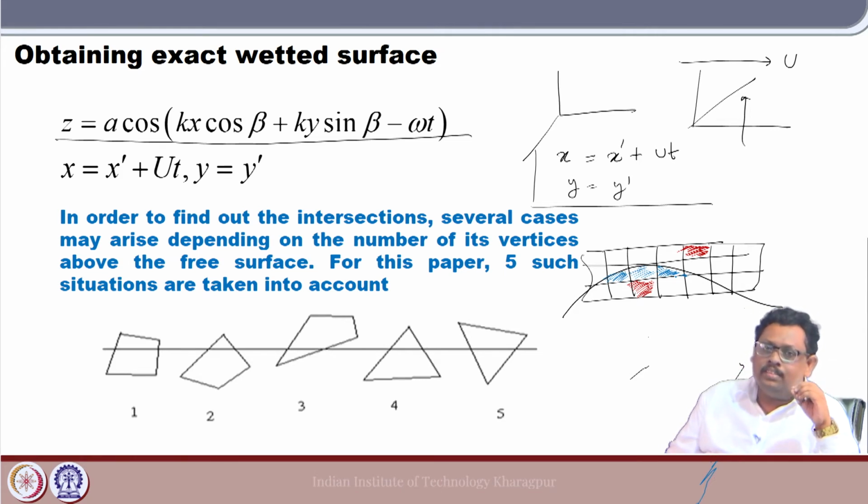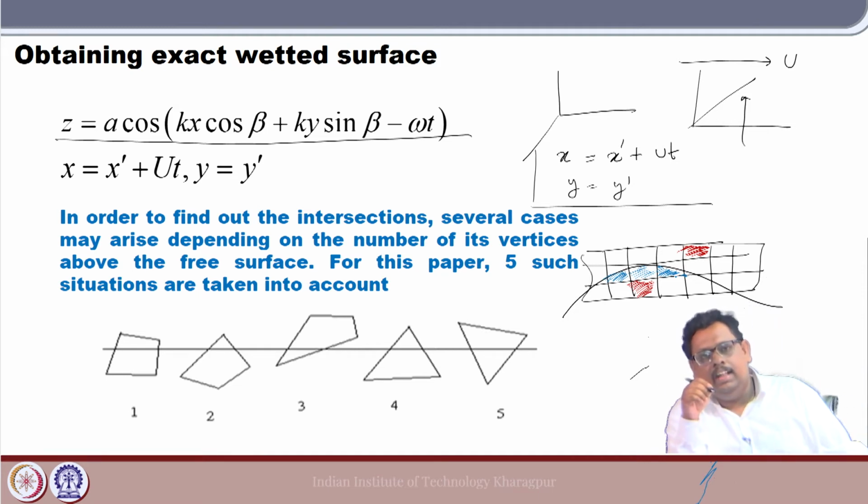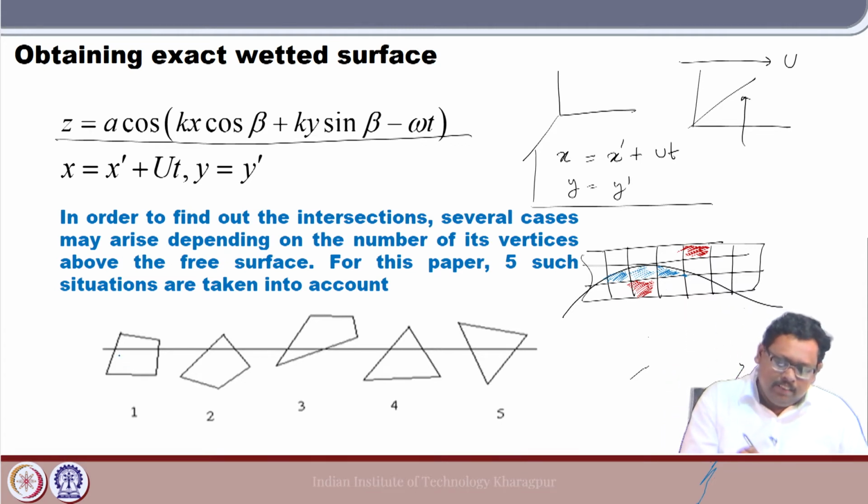We need to consider only this sort of panels. Now, if you think about what type of arrangement could be, a lot of cases can arise. For example, in picture number 1, it is a quadrilateral panel.